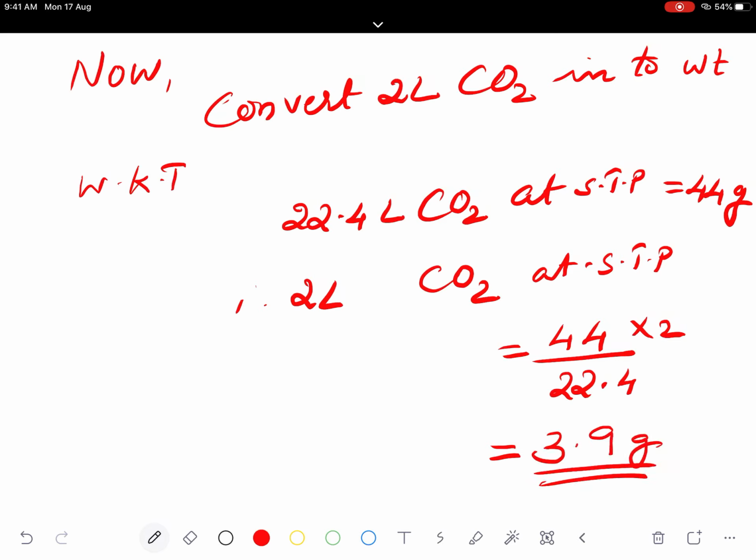This much weight. So you have converted these 2 liters of carbon dioxide into weight.